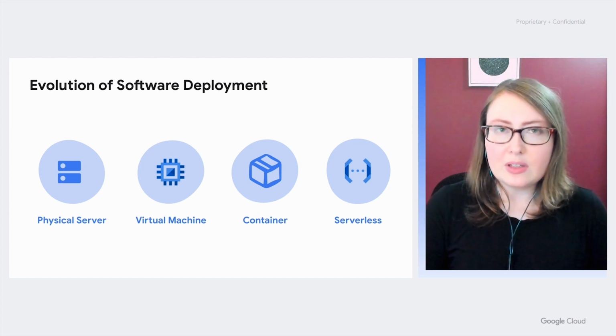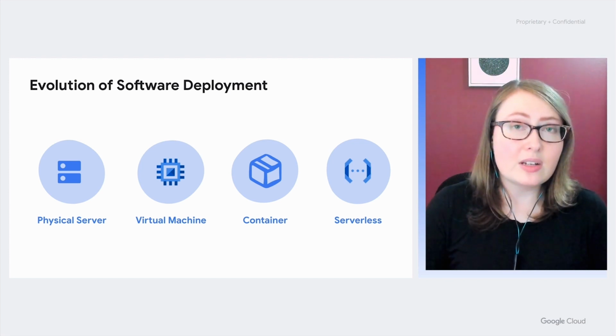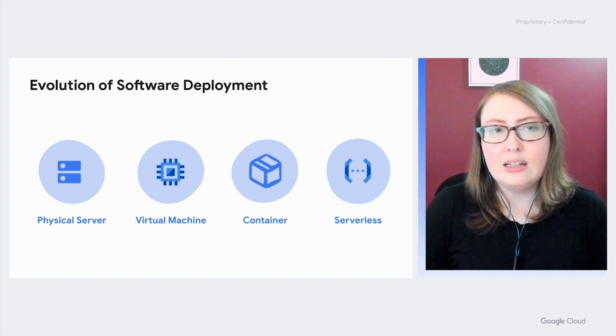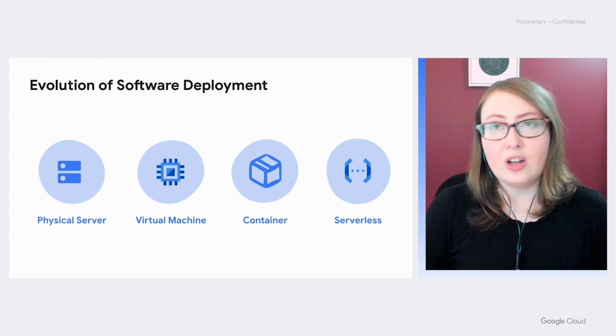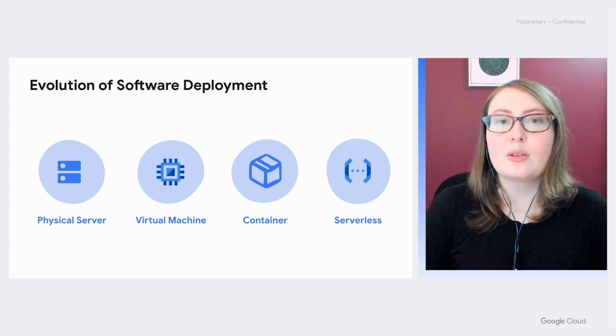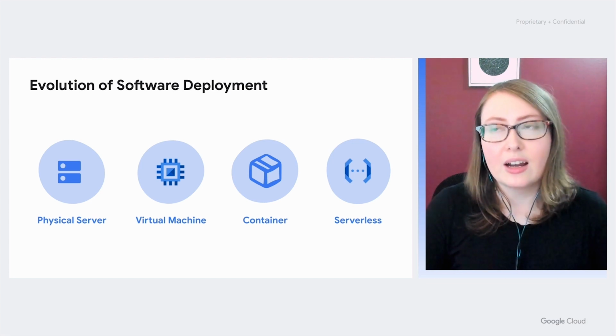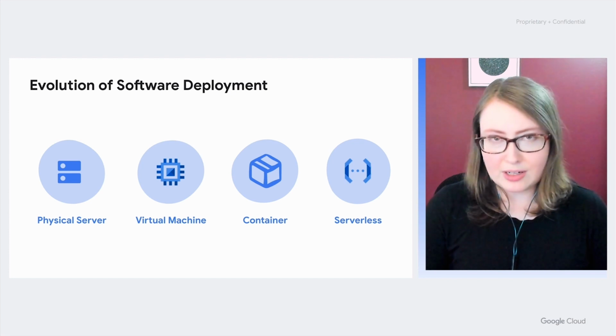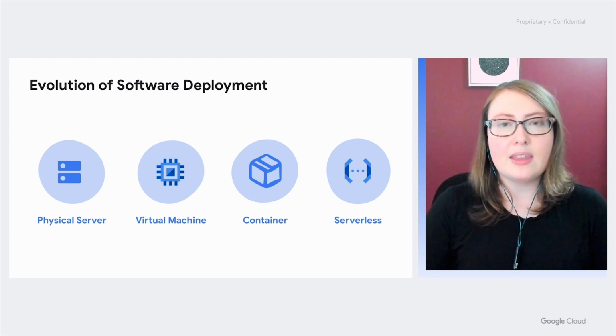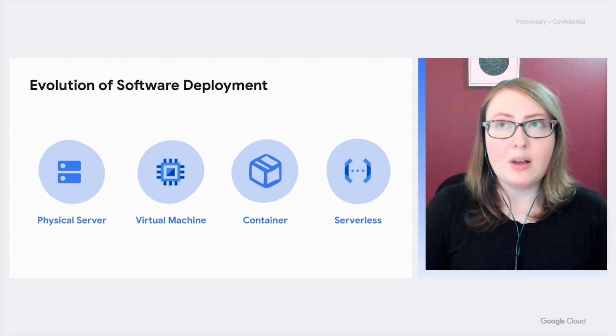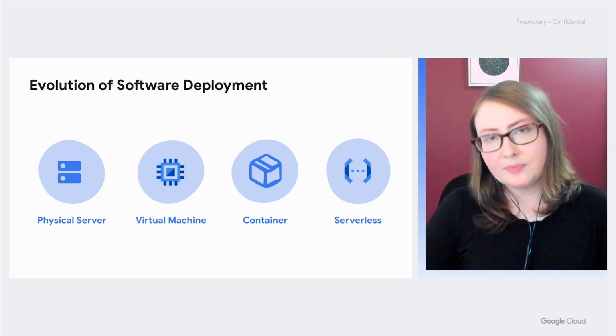But they were difficult to use, and containers really started to take off around 2014 with the advent of Docker, which a lot of you have probably heard about. Docker came along and made using containers a lot easier. It wasn't the first iteration of containers, but it was the one that made them easy enough for a lot of companies to adopt.